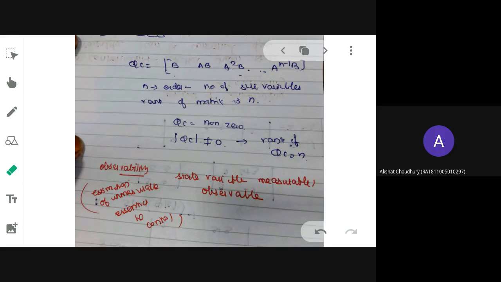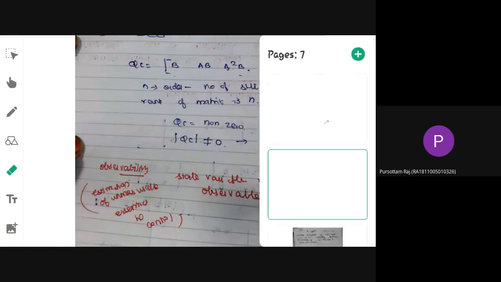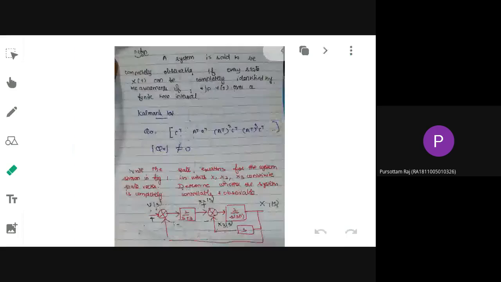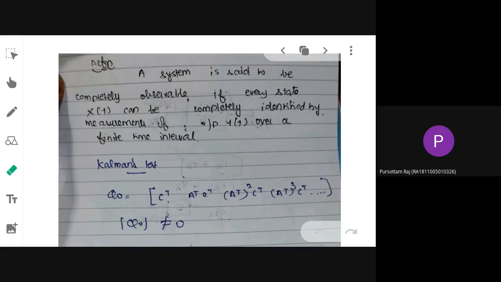Shall we proceed to the definition? Yes, ma'am. So take down the definition. This is system observability. You are choosing a set of state variables, so those state variables should be measurable at a particular time.